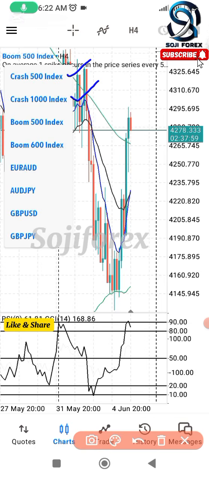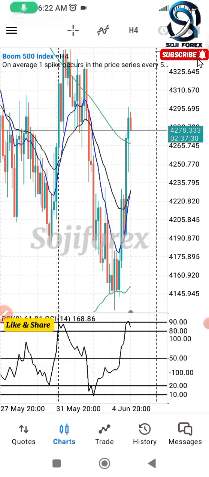Those are the only two assets you will be trading. And the only thing you will be doing is buying Crash 500 and Crash 1000. You are not going to sell it in this process of growing your small account.